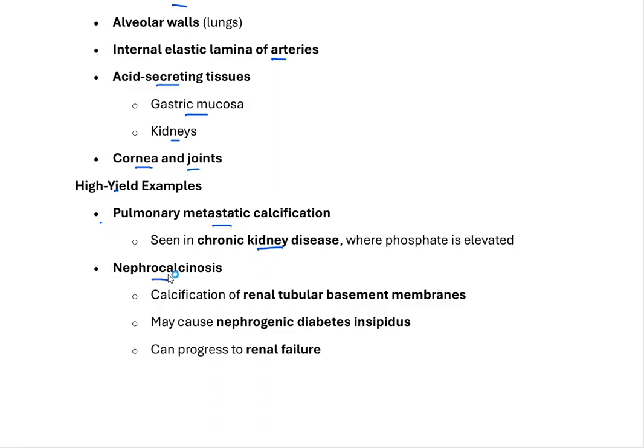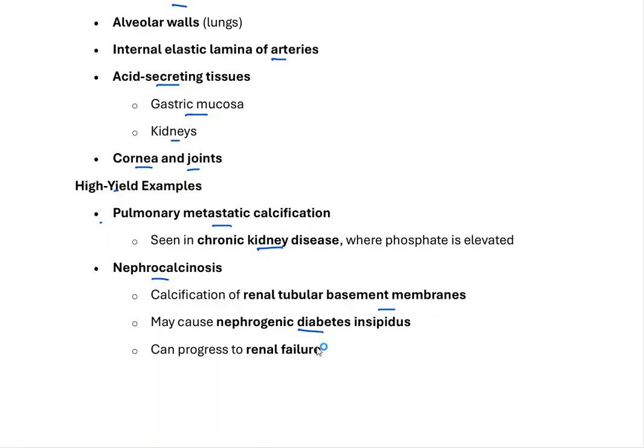And the next example there is nephrocalcinosis, whereby there is calcification of the renal tubular basement membrane. And if this is happening in the collecting tubules of the kidney, that could prevent ADH, antidiuretic hormone, from binding or working on those collecting tubules, and that could lead to nephrogenic diabetes insipidus, whereby the patient will not be able to reabsorb free water back into the blood, and they're going to be losing a lot of free water as a result.